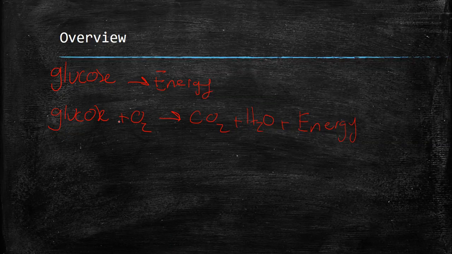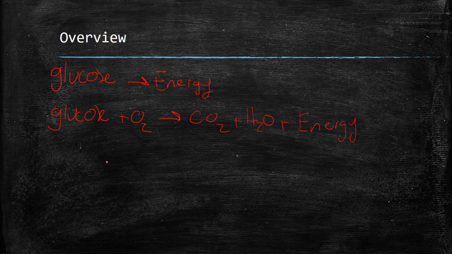And as we can see, we breathe in oxygen, this combines with the glucose, or a derivative of glucose, we'll go into it later, resulting in formation of carbon dioxide, which we dispel through breathing, water, which we also dispel through breathing, and energy, which allows us to keep on existing, which is very good.